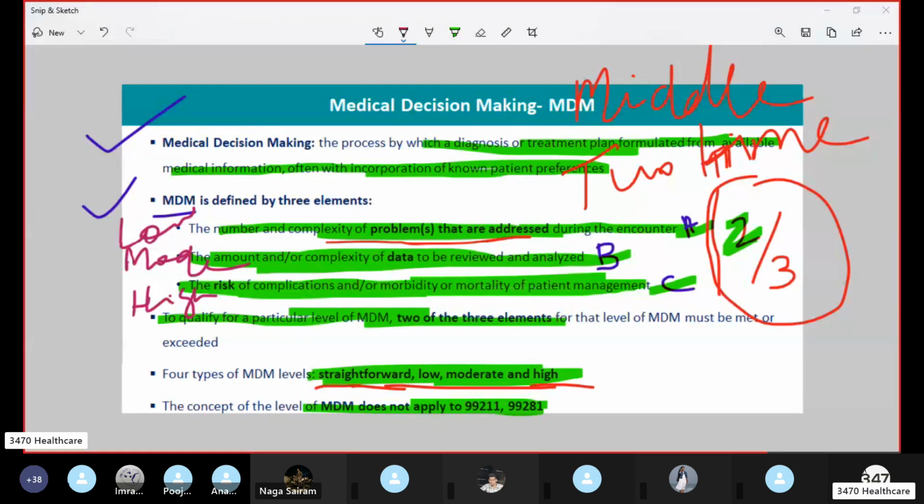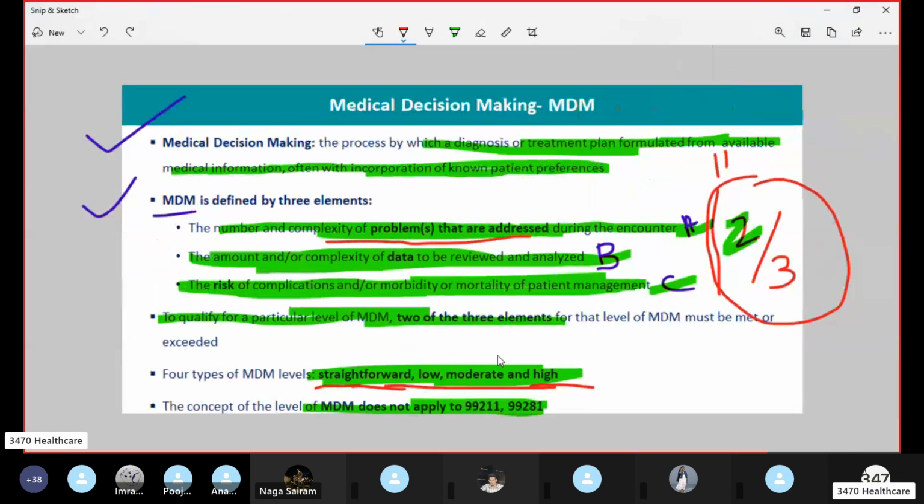What is your final MDM? 2 by 3 means the middle one, or the one having two times. In the hierarchy of low, moderate, high, the middle one is moderate.